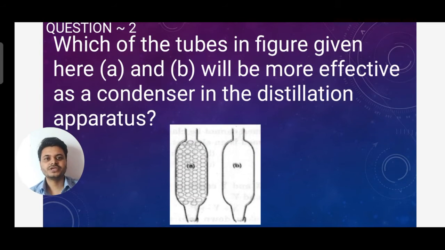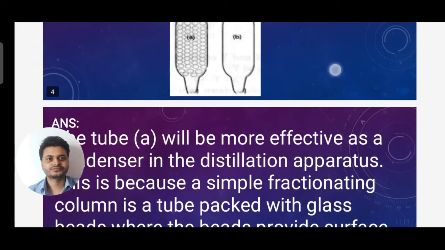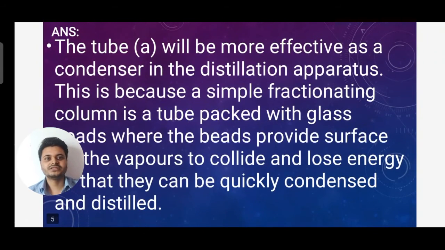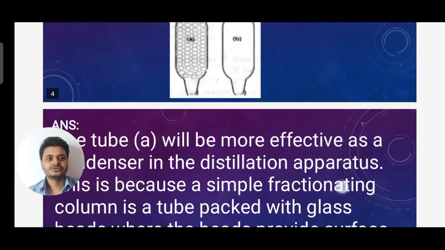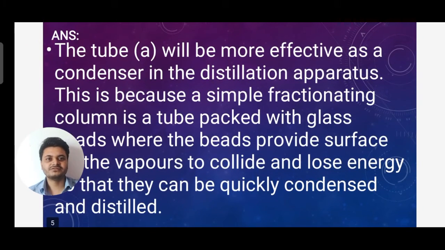Next question: which of the tubes in the figure given here, A and B, will be more effective as a condenser in the distillation apparatus? You can see tube A. Tube A will be more effective as a condenser in the distillation apparatus.